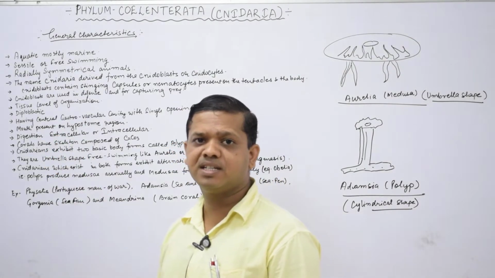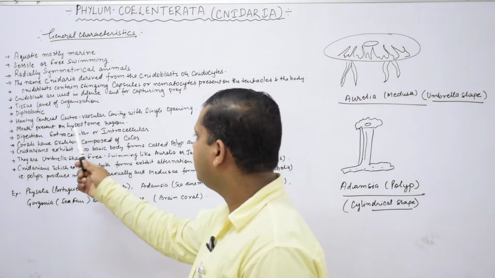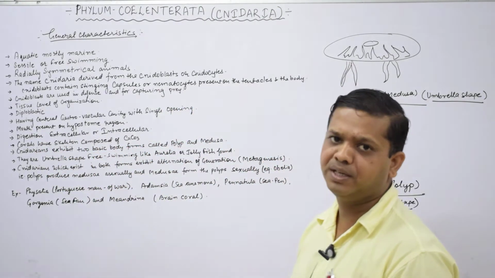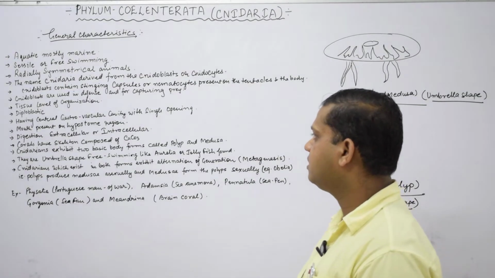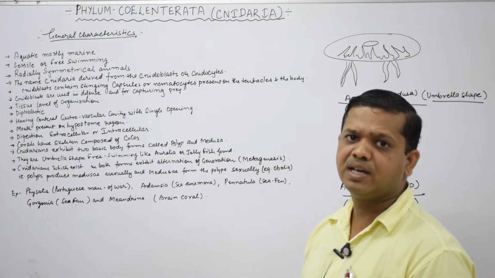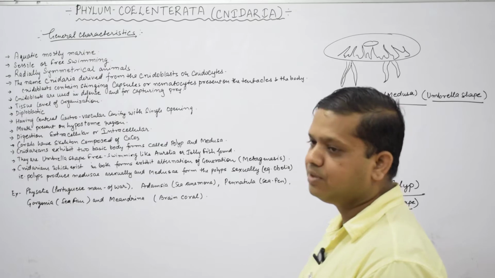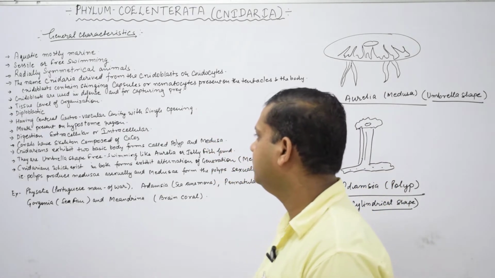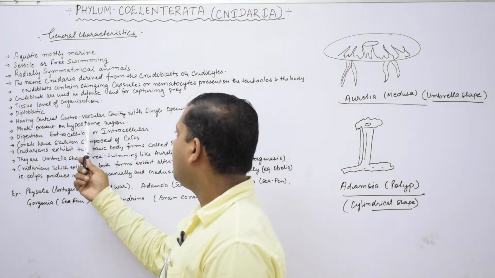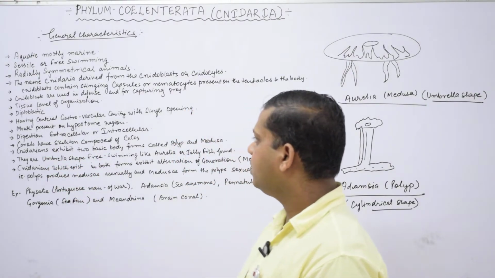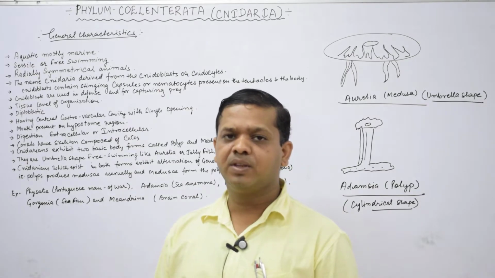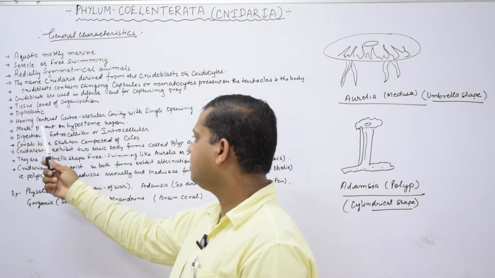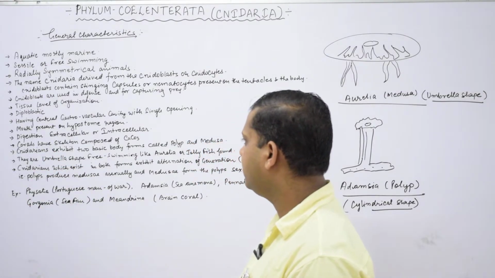They are diploblastic, made up of two layers, with a central gastrovascular cavity with a single opening, through which they take food. The mouth is present on the hypostome region, the anterior region. It is also called a buccal cavity in some animals.